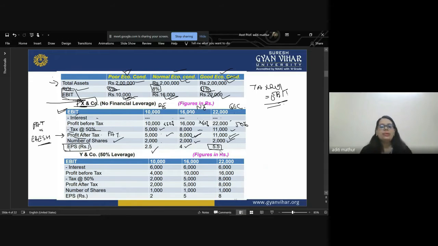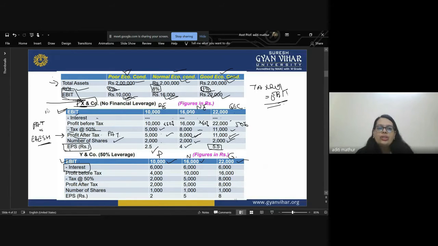So now let us do it for the Y and company, where the leverage is 50%. So again, we are going to first write the EBIT amount in the three different economic conditions, that is poor, normal and good. So it is 10,000, 16,000 and 22,000. Now again, we will first deduct our interest amount. Yes, we have interest over here, right?